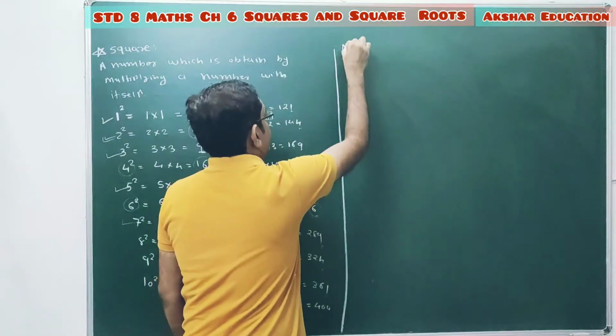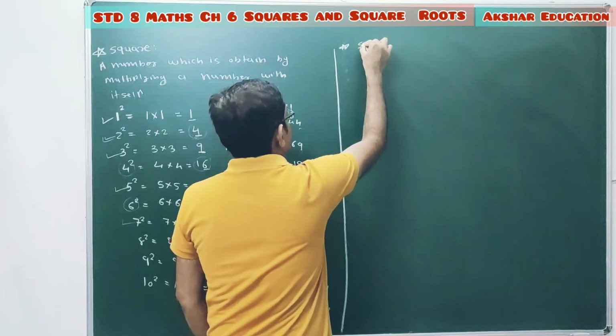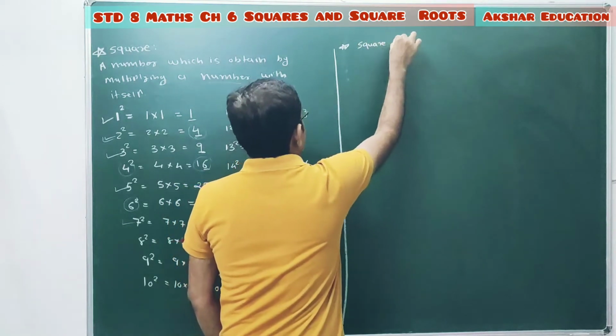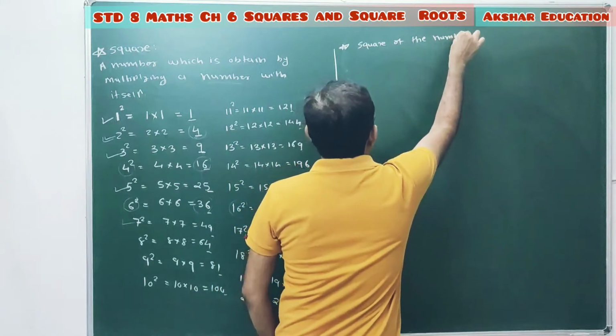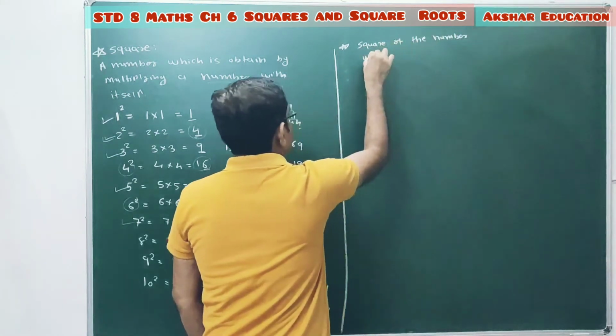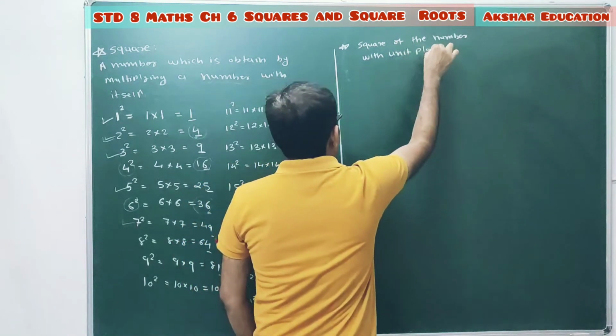Okay students, next property. Next property is square of the number with unit place digit.